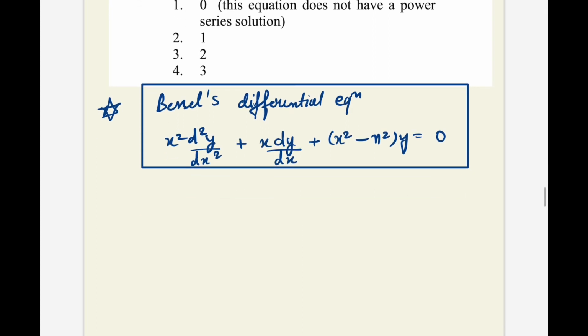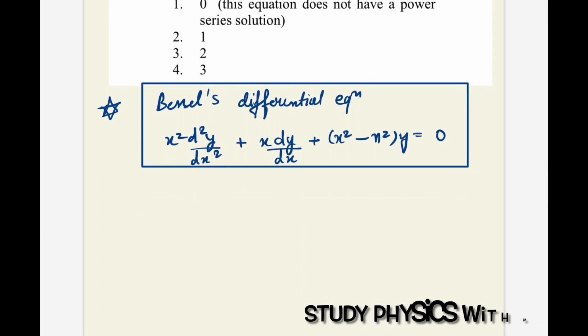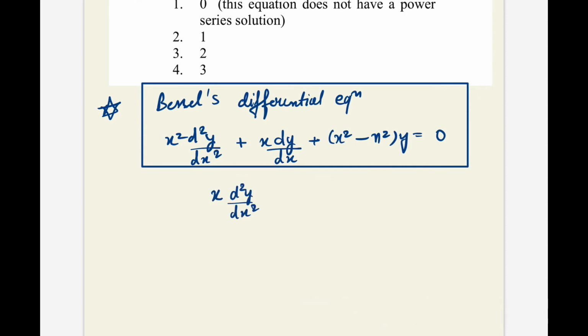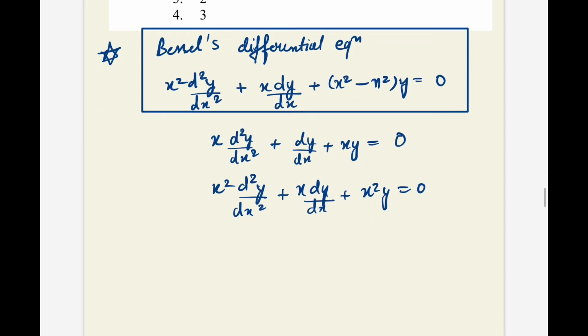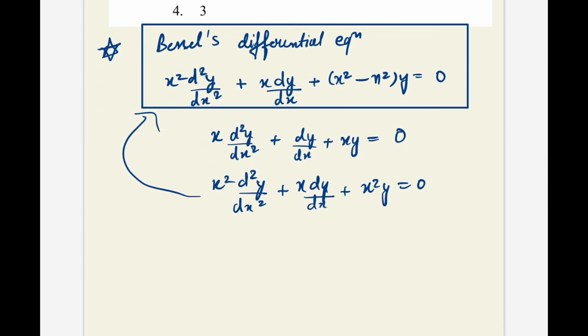Now in our case, the differential equation reads as x d2y by dx square plus dy by dx plus xy equals 0. Multiplying the whole equation by x, we obtain x square d2y by dx square plus x dy by dx plus x square y equals 0. Now this resembles Bessel's differential equation, where n is equal to 0.